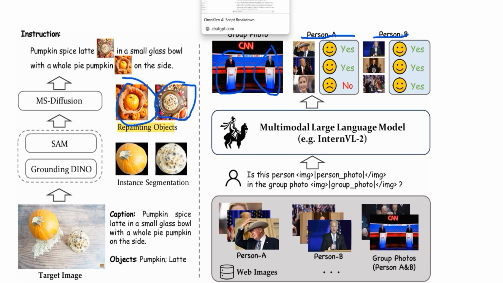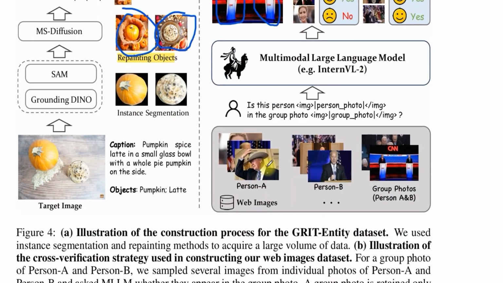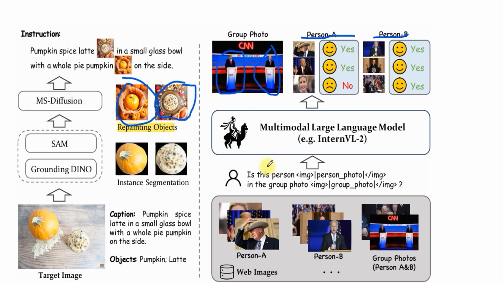Then, we see something called cross verification. Here's how it works. Let's say you have two people in a group photo, person A and person B. The team used another model, an MLLM, to check if both people were in each group photo. Only the photos that passed this check were kept, creating accurate pairs of images with these people. This made OmniGen very precise in recognizing and handling objects and faces.